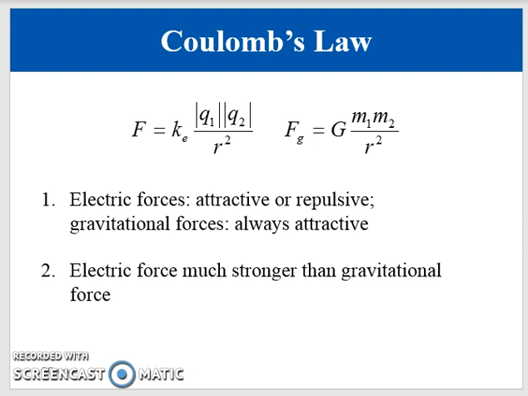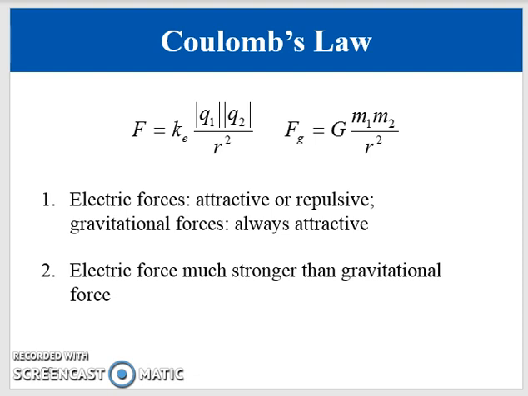M1 and M2 will stay fixed for all time. That's why I call them an inherent property. Same thing with Q1 and Q2. If Q1 and Q2 do not interact with anything else, once an object is charged, if it does not interact in a way that draws charge off of its surface, it will stay charged for all time. So the amount of charge on my two objects or my two particles is also an inherent property.